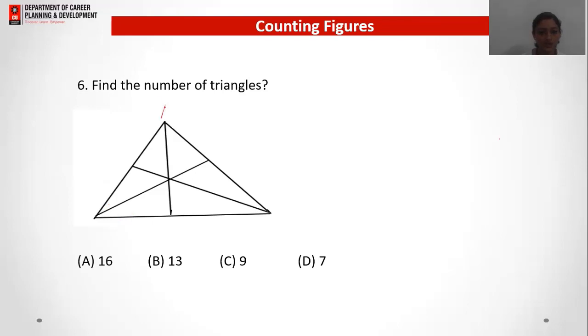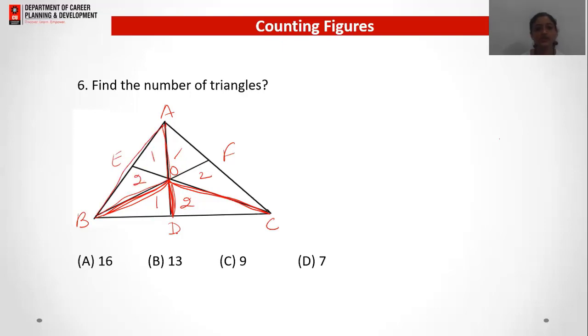So first of all, name this triangle A, B, C. Let's say this is D, E, F, and let's say this center point is O. If we take the example of this triangle, we have divided this triangle into 2 parts. So 1, 2, similarly for this side 1, 2, and similarly for this side we can write 1 and 2.